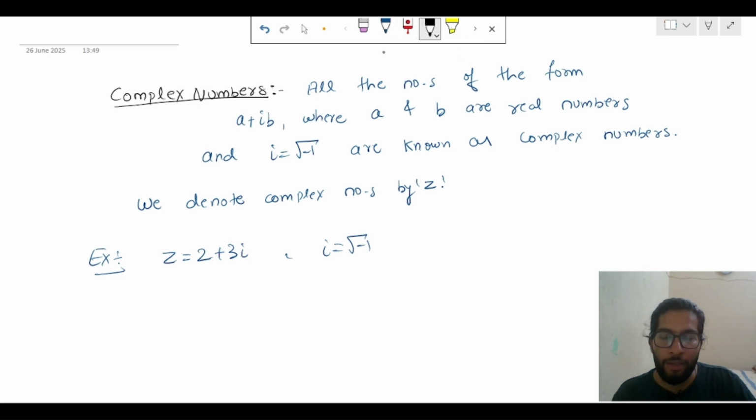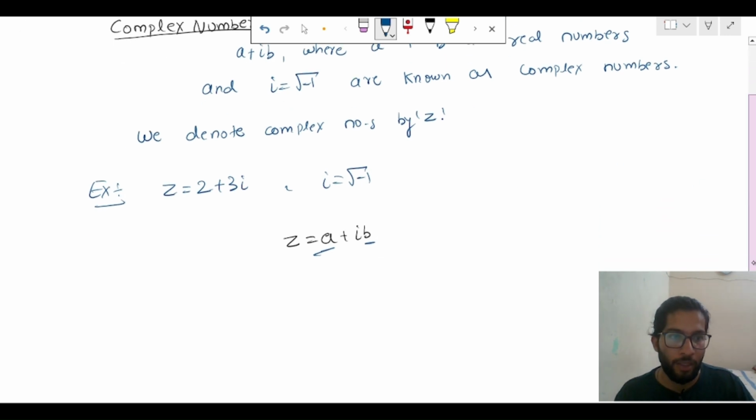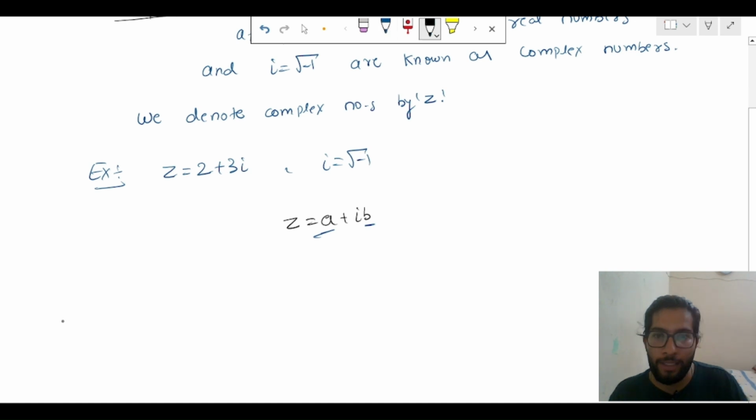Okay, and if we write generally any complex number, which is a plus iota b, it has two parts. One is a and another one is b. So if we define properly, a and b are known as the real and imaginary parts of complex numbers. So I am writing this one.